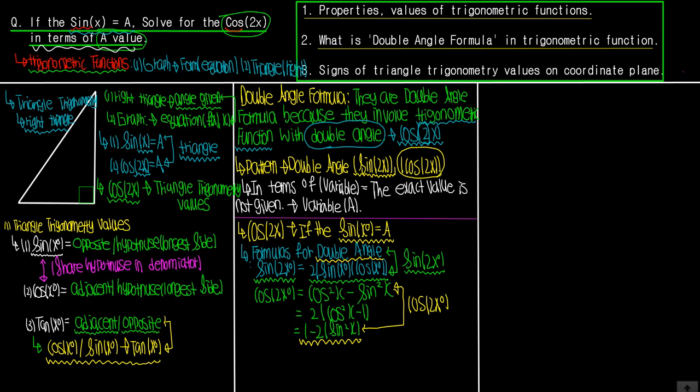So, if you solve our equation, it says cosine of 2x. What is the cosine of 2x going to be? It is going to be 1 minus 2 times sine squared x. Now, what is the given information? The given information is that the sine of x is a.